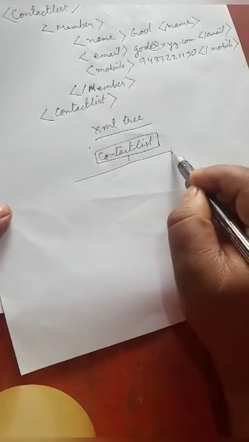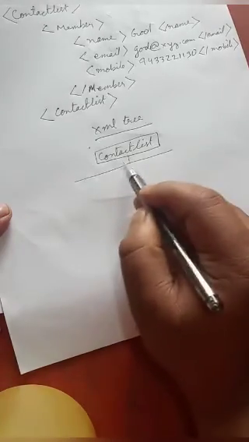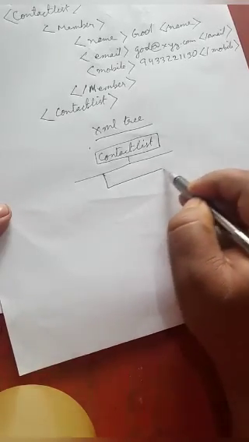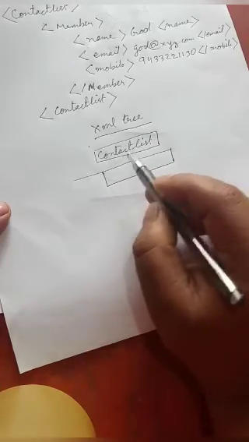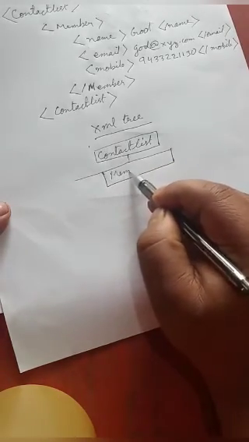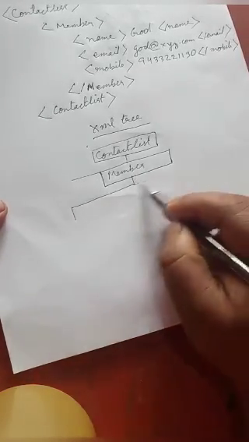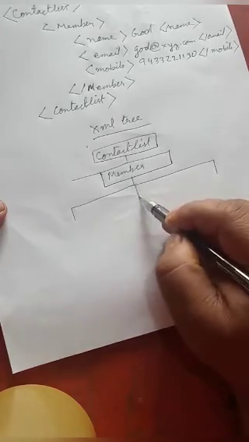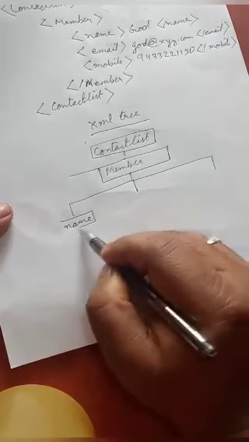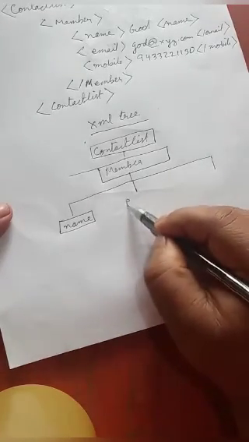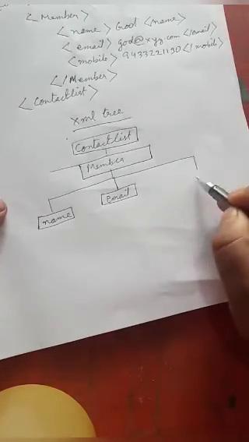We will create one more box, that is the parent element, the member, and following it we will have three things: name, and then the email, and finally the mobile.